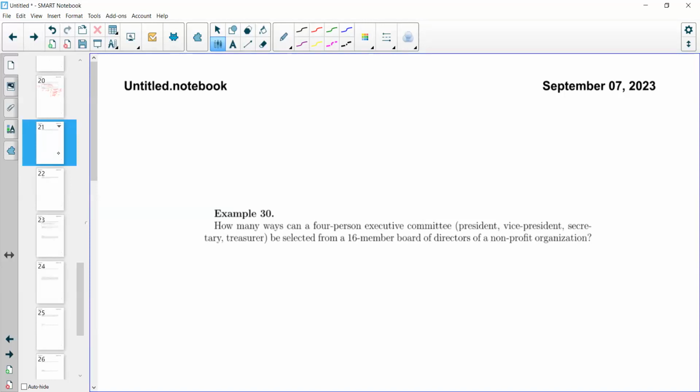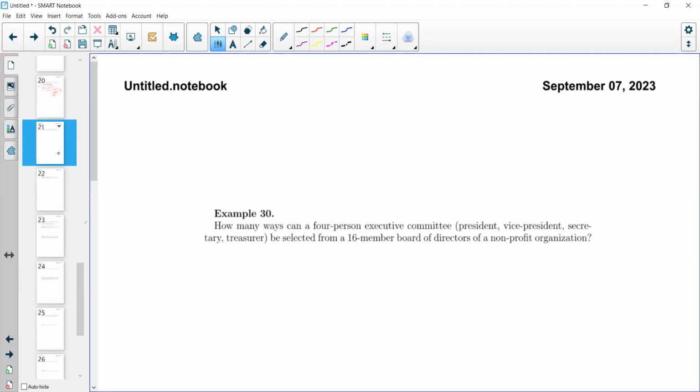Excuse me. So, how many ways can a 4-person executive committee, president, vice president, secretary, treasurer, be selected from a 16-member board of directors of a nonprofit organization? First question, does order matter? Yes, because we're choosing a president, vice president, and so forth.